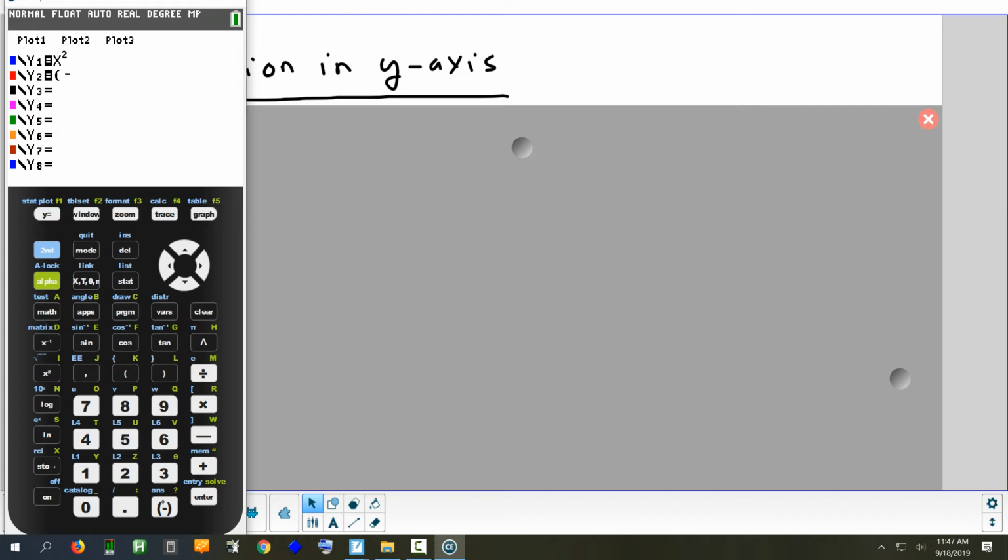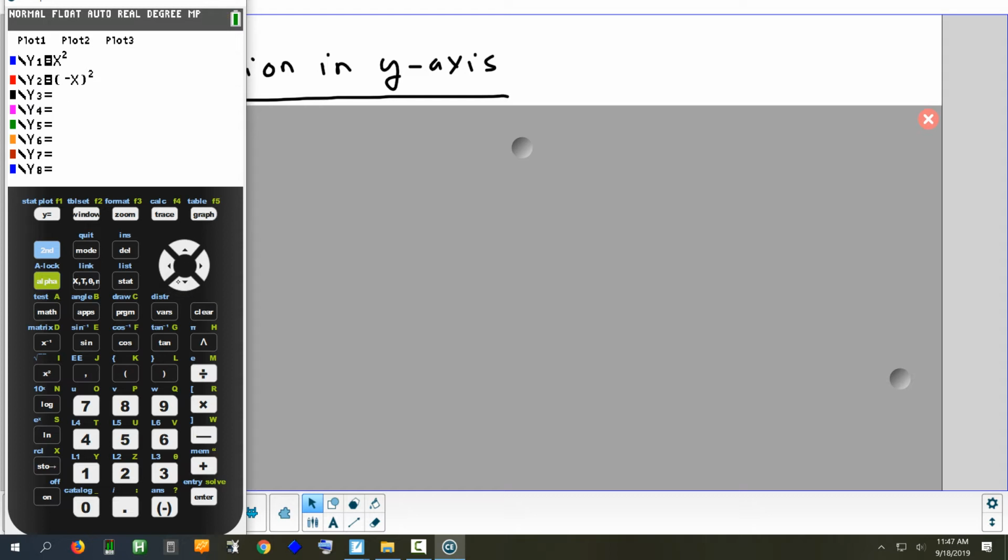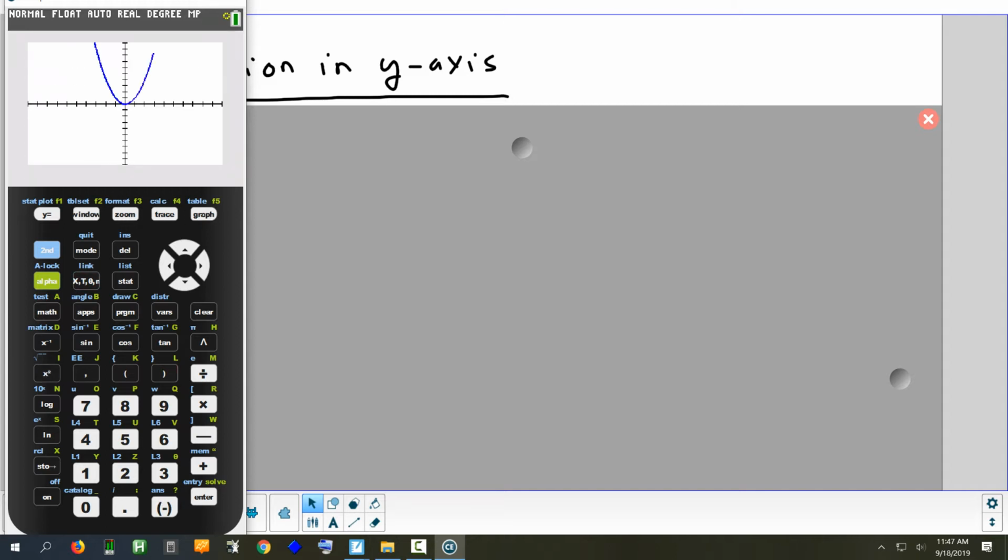If we type in negative x squared, there's your original. There's your reflection over, oops, sorry, I meant to put in negative x. Let me type it like this. Let's do negative x squared. Okay, so you got your original, and there's your reflection over the x-axis.